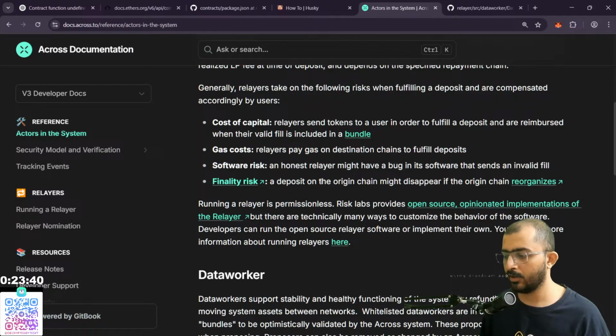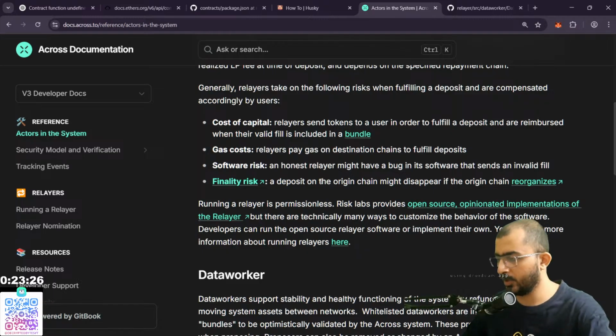But they are assuming that if you are running a relayer, this won't happen or there is a very minimal risk of this happening. And yeah, I'm also assuming the same thing, because if that happens, not only you but everyone else is also at risk.